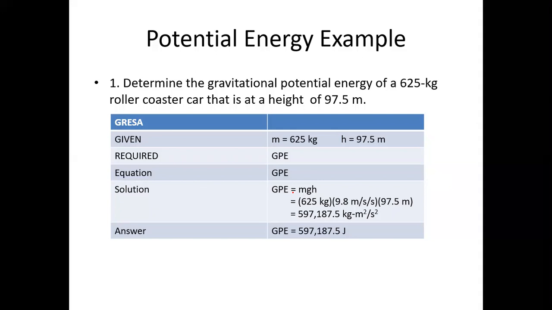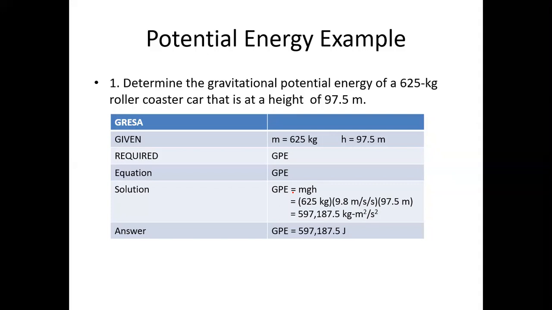The equation is GPE equals mgh. Substituting, we have 625 kilogram times 9.8 meter per second squared times 97.5 meter.